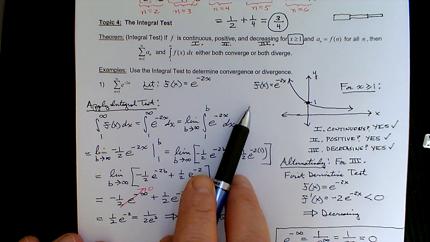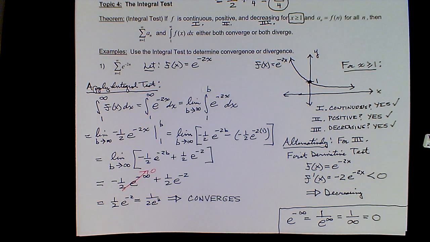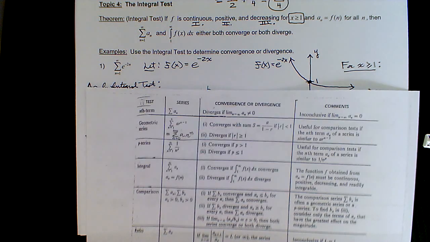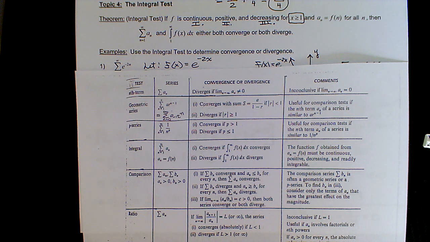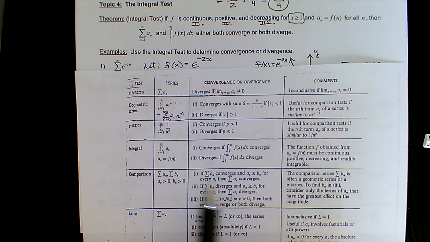And regarding the integral test, recall that there's the table of tests for series that's posted in the handouts folder in Blackboard. This is your cheat sheet for the final exam, and it lists all the different tests that we have, as well as the conditions for convergence or divergence, and I even give comments as well.